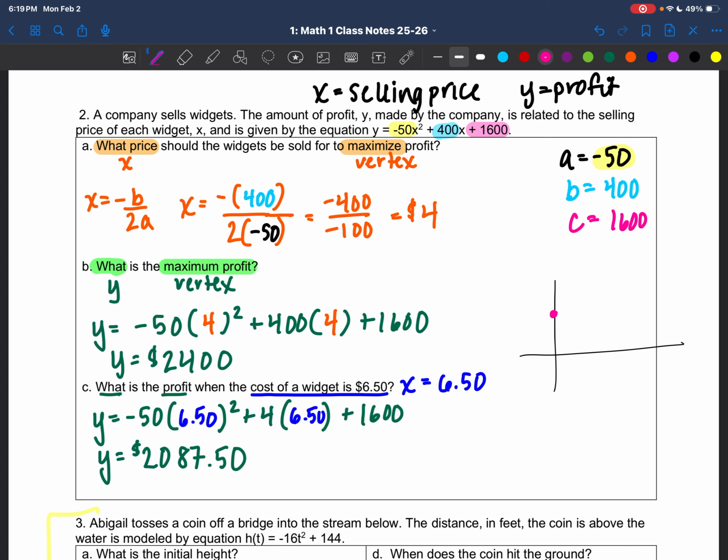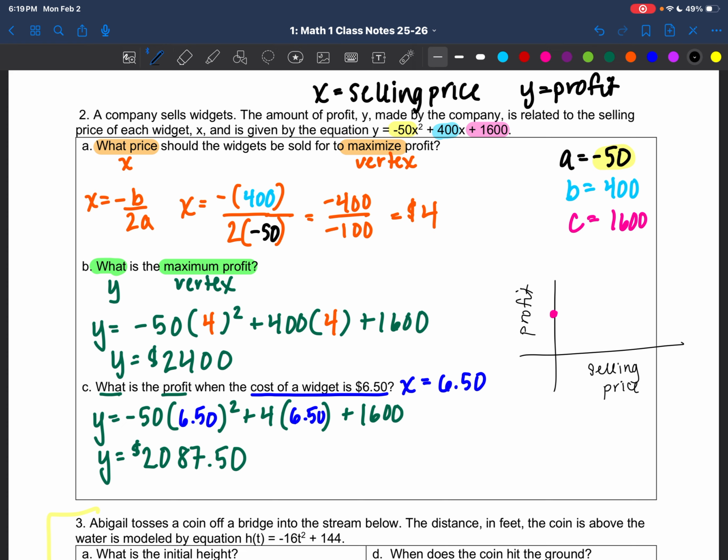And I know that they're selling something. Now in this case, I don't know which one is necessarily X or Y unless it specifically tells me. So what it tells you right here is your X is your selling price. And then your Y is the profit.